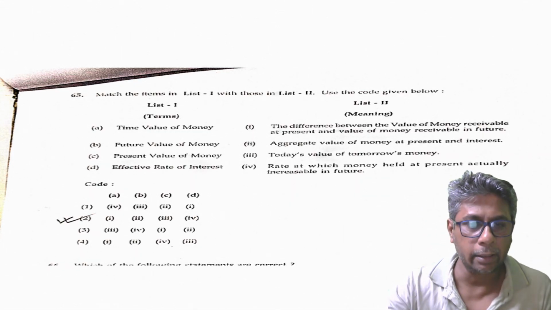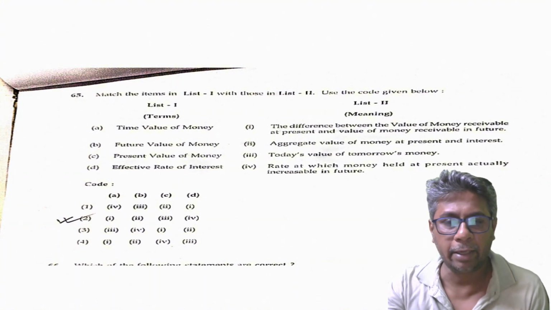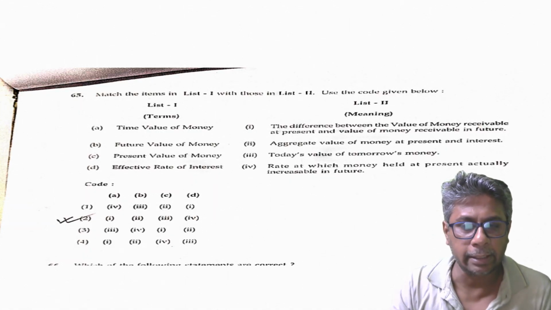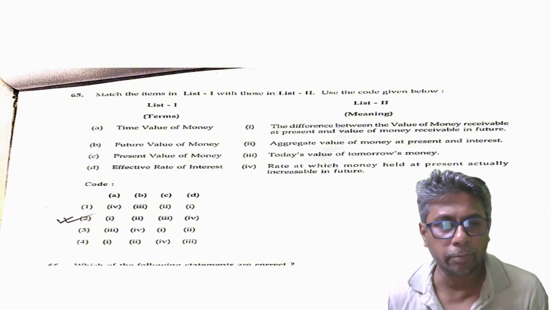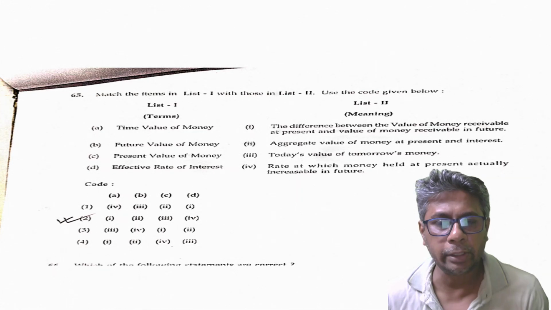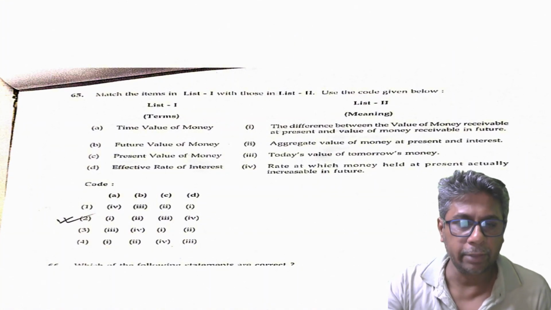Second, the future value of money is the aggregate value of money at present and interest. Third, the present value of money is today's value of tomorrow's money. And the final option, the effective rate of interest.